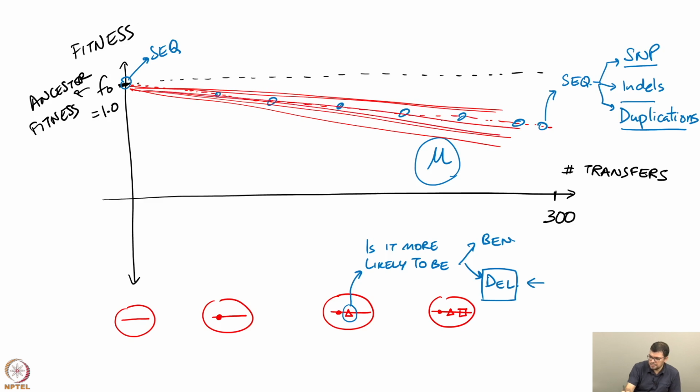Mutation accumulation experiment conclusions are never drawn from one line, because mutations occur randomly, and it is possible that by chance one line could acquire more SNPs and may have no duplication, whereas another line may have more indels and very few SNPs and duplications. But when we average these effects over 100 different lines, then we get a statistical measure of what is actually happening in the genome of the organism.